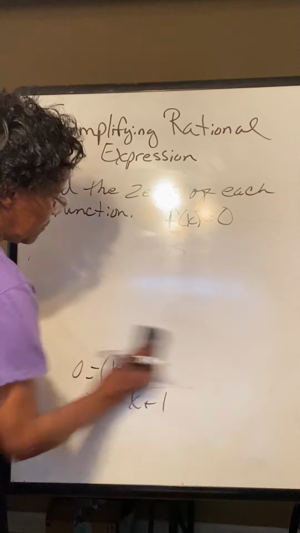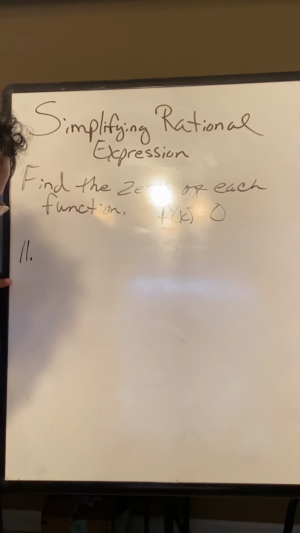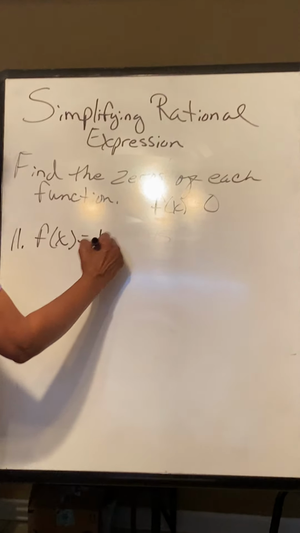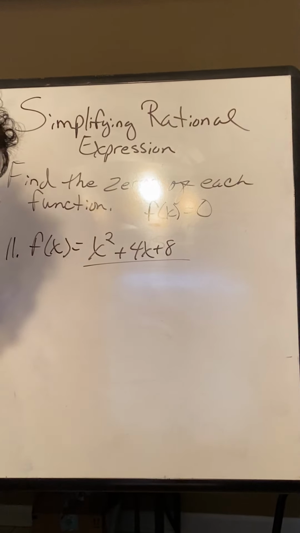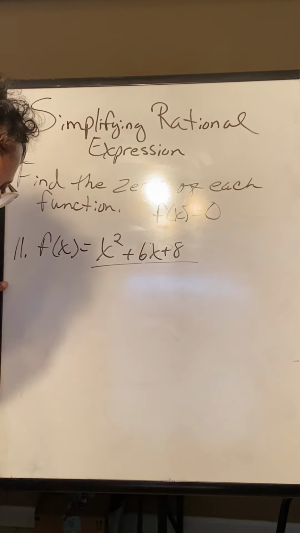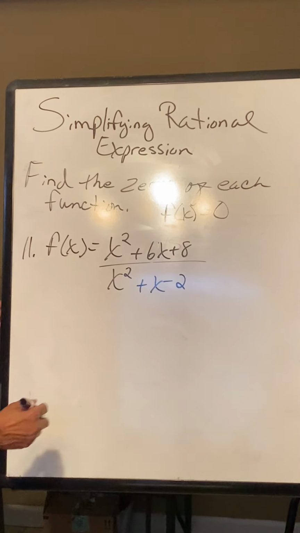And the last example for this particular section, example 11, I want to make sure that you've got this. If I got f of x is equal to x squared plus 6x plus 8, and we're dividing it by x squared plus x minus 2.